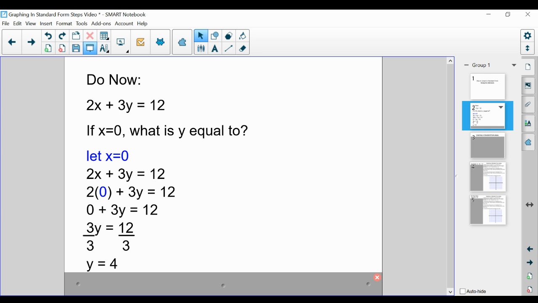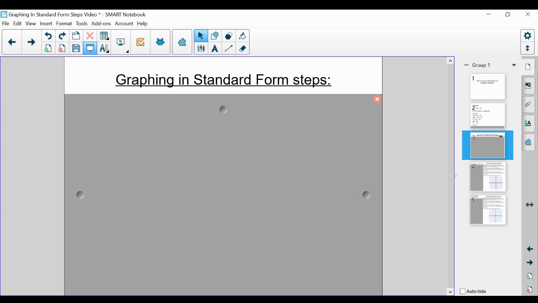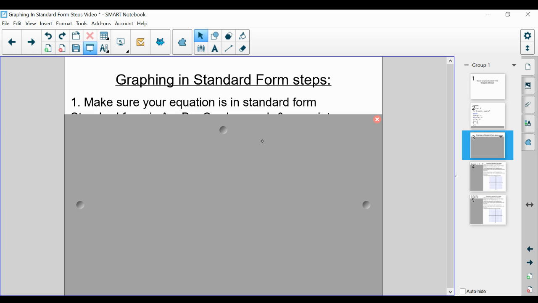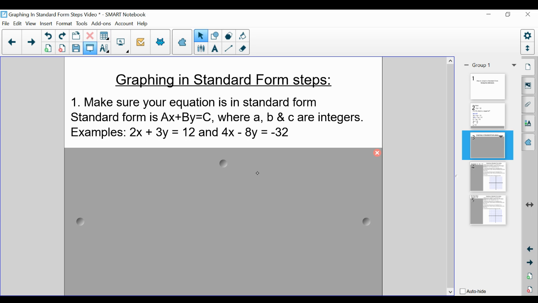So let's take some notes. Graphing in standard form steps. We're going to be talking about step by step how we're going to be able to graph when an equation is in standard form. The first thing, we have to make sure our equation is in standard form.